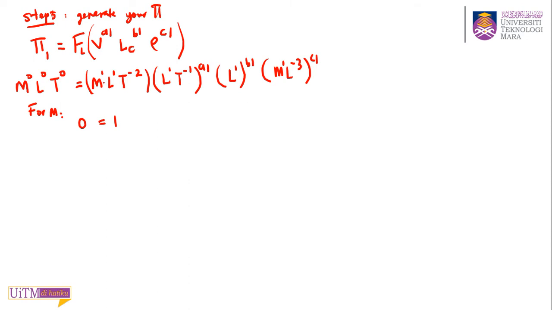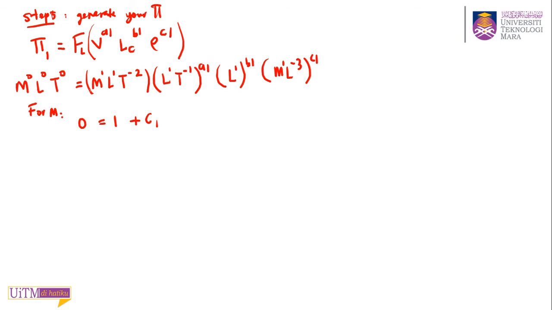That's why I ask you to write the number 1 in any primary dimension. Even though M is only M, you need to write that 1 as the power of that primary dimension because you need to write this equation. So 0 equals 1 here, and one more here, M1 times C1, so this will be plus C1.